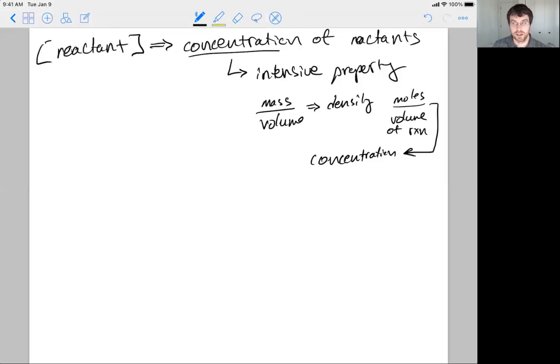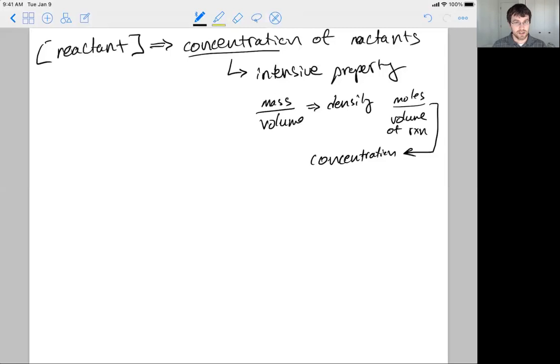But what we can do in a reaction is add solvent. If we add a bunch of solvent, we increase the volume of the reaction, even though we haven't changed the amount of stuff that we've added in. So that's where concentration and density differ. In density, the volume is the volume of the stuff that we took a mass of.